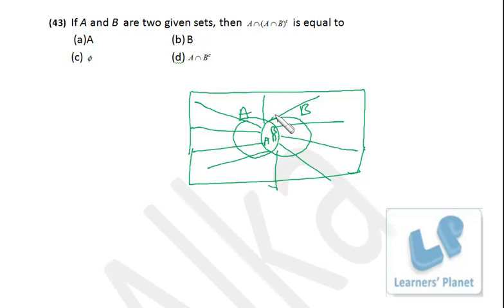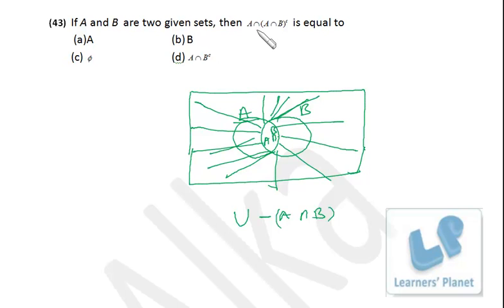Okay, entire region. So precisely it is universal set minus A intersection B. Universal set minus A intersection B. This, right? So A intersection B whole dash is this area.